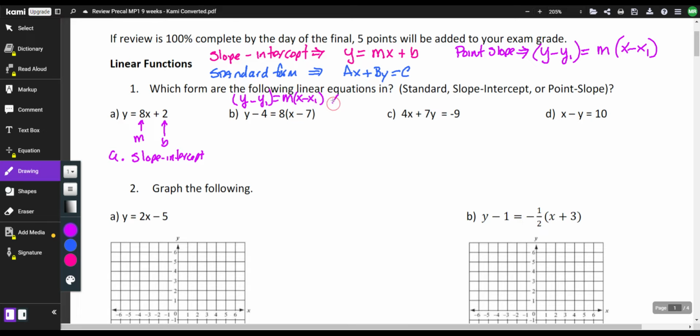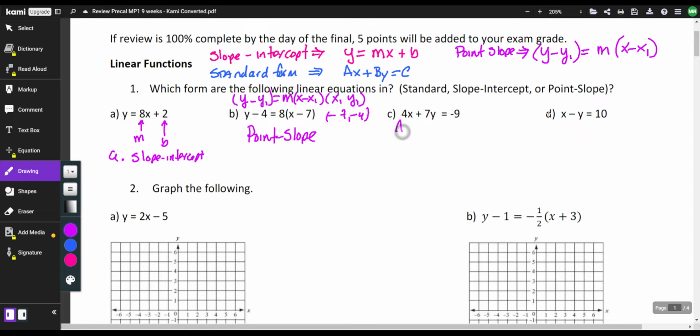So what's given is our x1 and our y1, which is this and this. That's just extra info. You don't really need that, but it's just so you can recognize why this is the point-slope form.